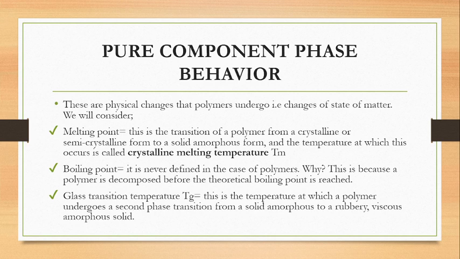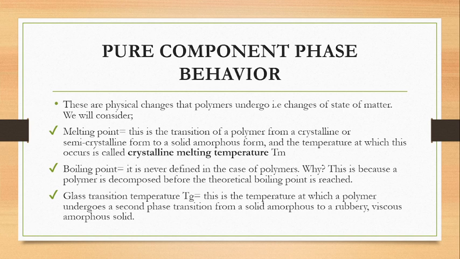Okay, so now let us look at the boiling point. Usually, boiling point in polymers is never defined. Boiling point is the point at which the liquid begins to convert into a vapor. It is not definable in a polymer because the theoretical boiling point is never reached.